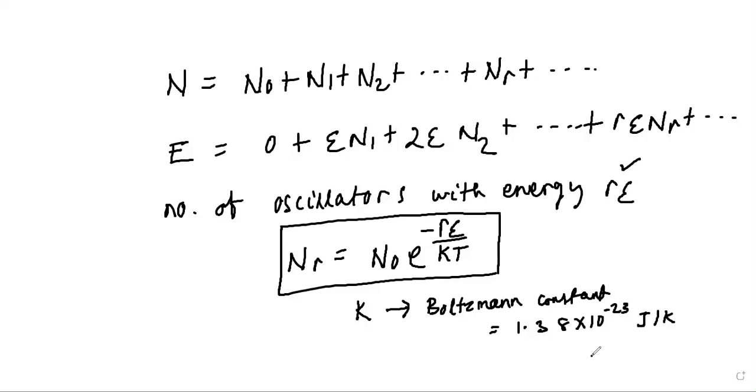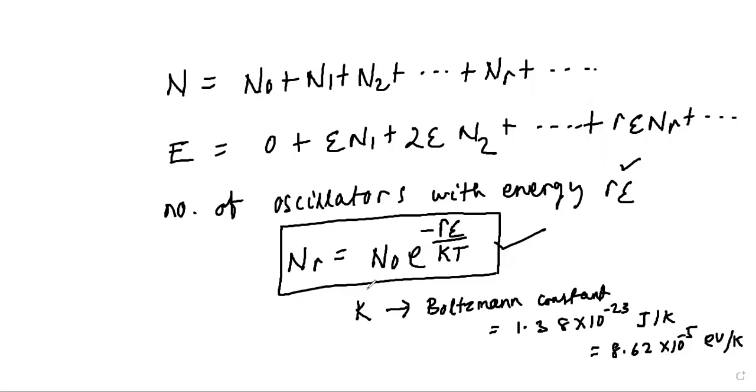Or else we can write it in a different unit, 8.62 times 10 to the power minus 5 electron volt per Kelvin, if you want. 1 electron volt is 1.6 times 10 to the power minus 19 joule, so that can be multiplied with this. So we got the Boltzmann distribution: the number of oscillators with energy rE is given by Nr equal to N0 e to the power minus rE by kT, as per the distribution law.